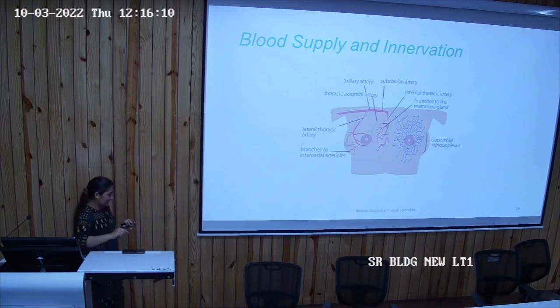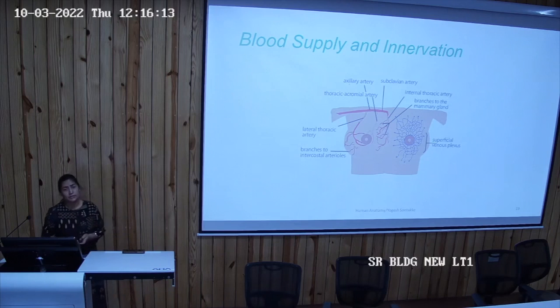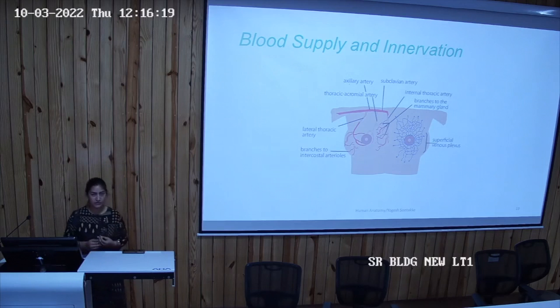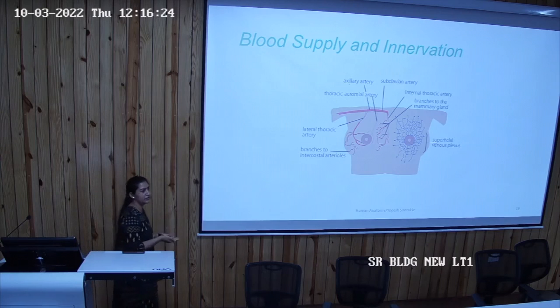Now a very common point is that the arterial supply to any structure will be given through the major arteries that are crossing those areas. So in case of the mammary gland, what are the arteries that you suppose will be crossing this area?